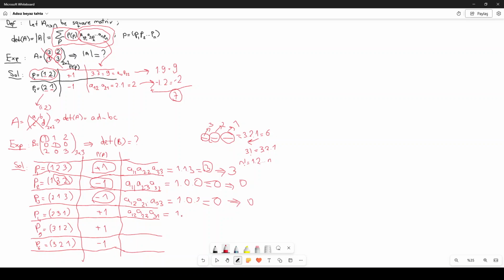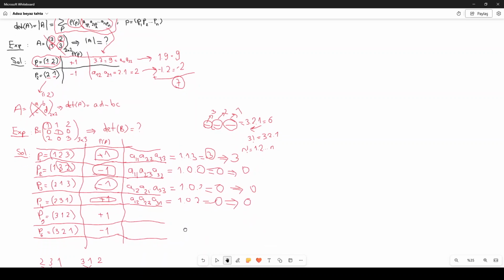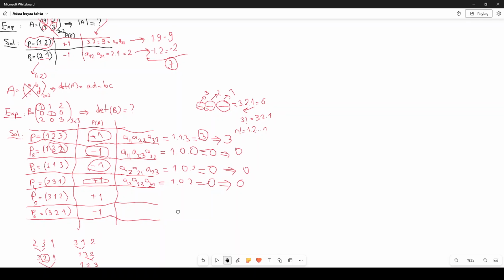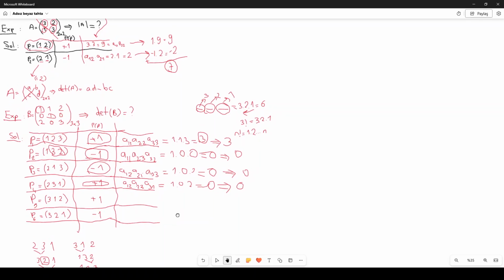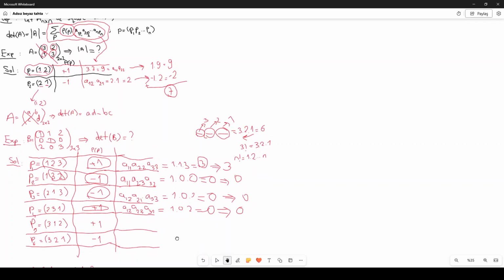A12 is equal to 1, A23 is equal to 0 again, and A31 is equal to 2, but this is also 0. Multiplying this value by its sign will yield us a 0 again. So if we have more zeros, then our computation would be easier. That's the only advantage actually, right?